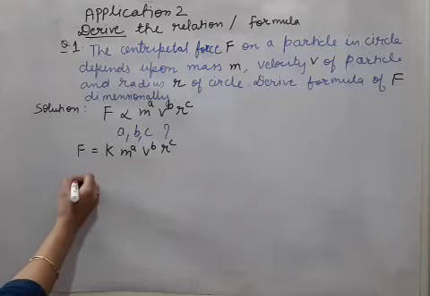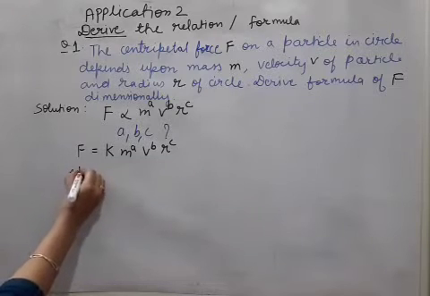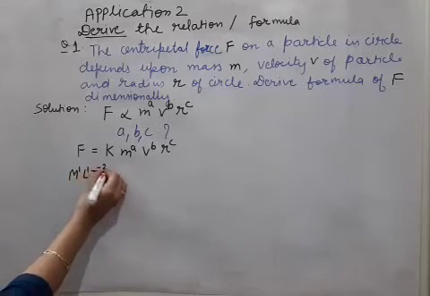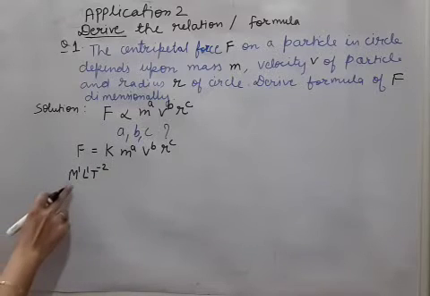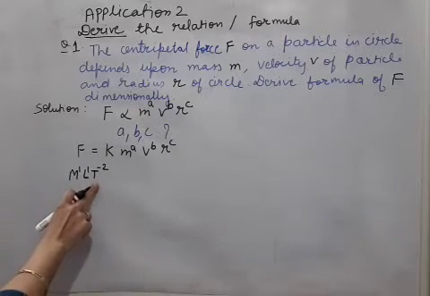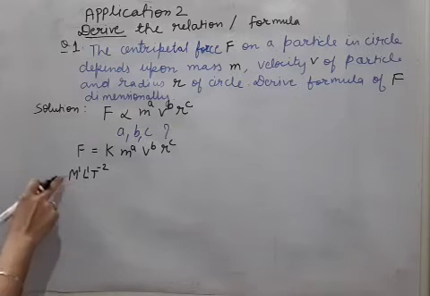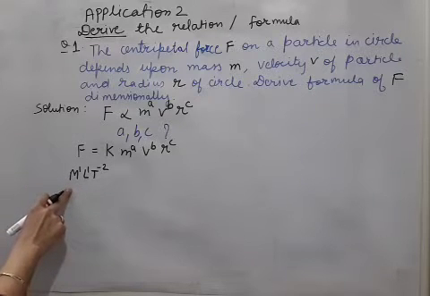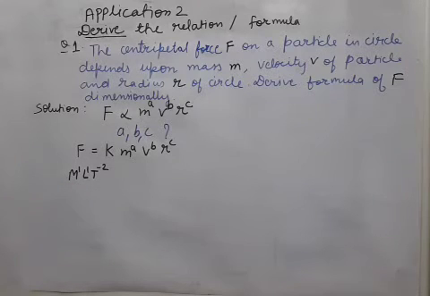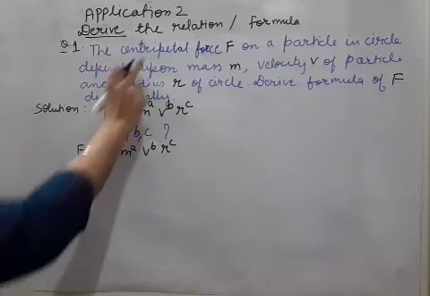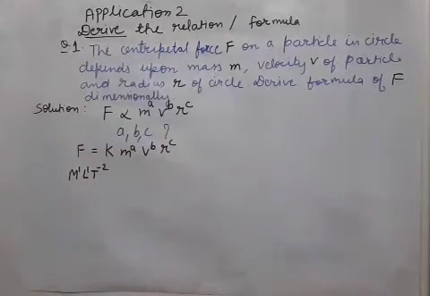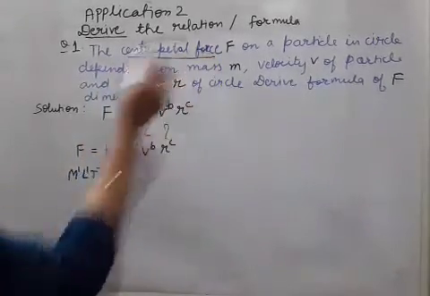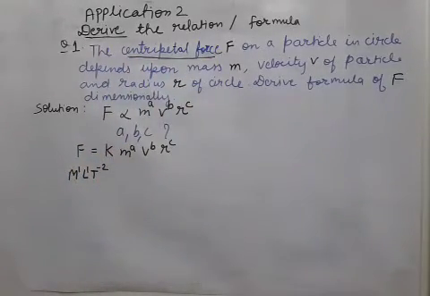First of all, force. Force dimensional formula is M1 L1 T minus 2. Now this force formula we have to learn. We have already completed this in the table of dimensional formulas. And here it is written that it is centripetal force. Now students, this centripetal force is new for you. This is a force on a particle when the particle is making a circle.